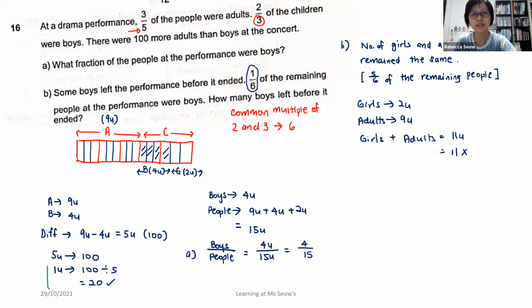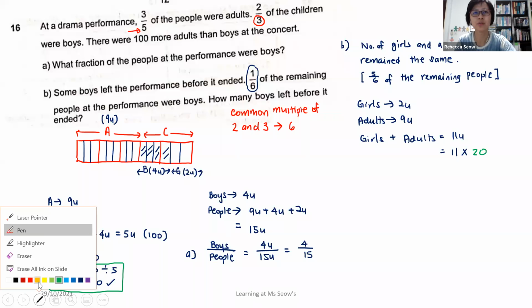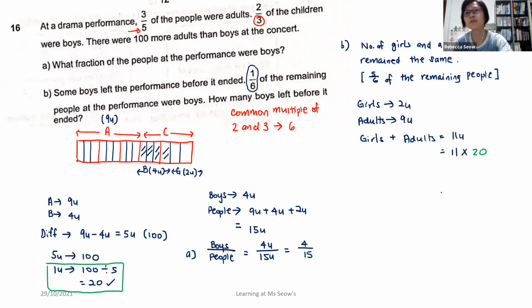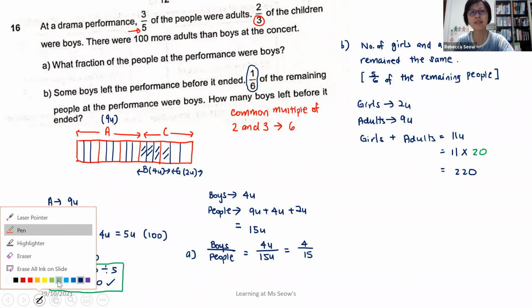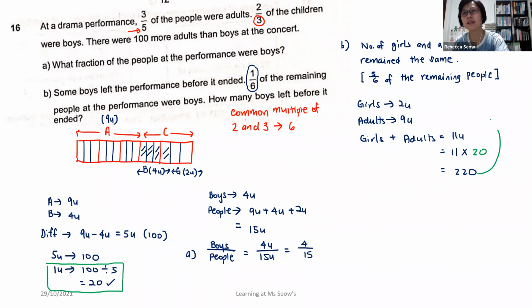This is key to solving the question. So 11 times 20, and the 20 is from the value of 1U. 11 times 20, 220. So this would actually be referred to as 5/6 of the remaining people.